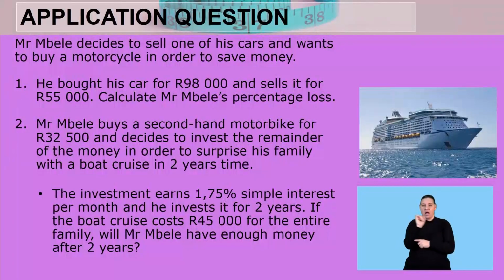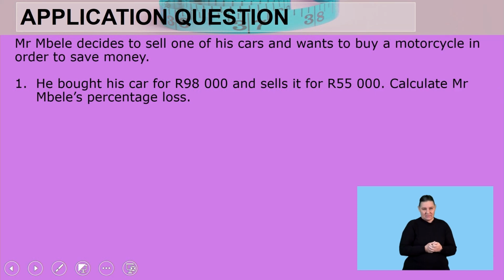Mr. Mbele decides to sell one of his cars and wants to buy a motorcycle in order to save money. All right, let's see what we've got to do here. He bought his car for 98,000 Rand and sells it for 55,000 Rand. Calculate Mr. Mbele's percentage loss.